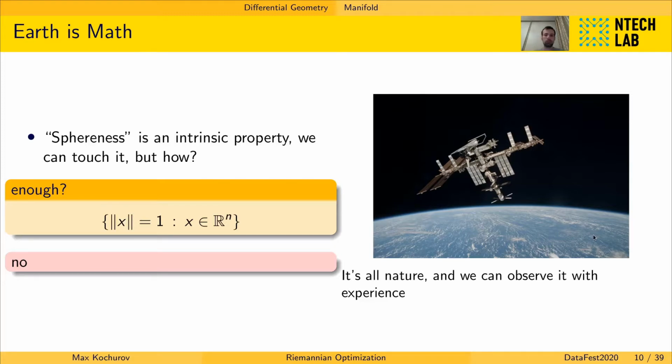Curvature is not related to this constraint. It's related to something different that we additionally attach to the manifold.